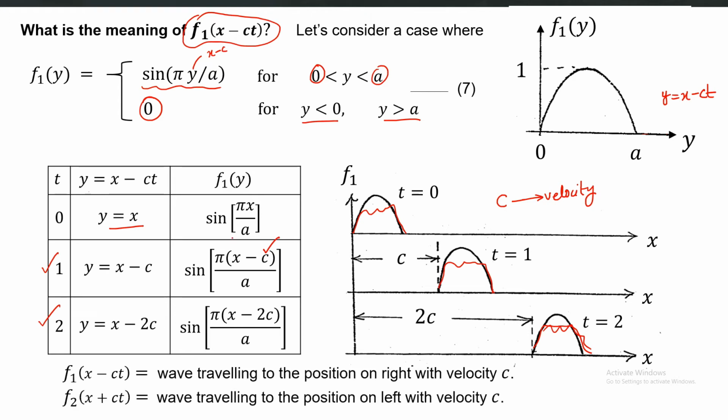Now if you repeat that exercise for x plus ct, you will get the same form, but the direction of the wave traveling will be in the opposite direction. So for x minus ct, the wave travels to the right with velocity c, as shown by these three figures. But for x plus ct, the wave travels to the left with velocity c.